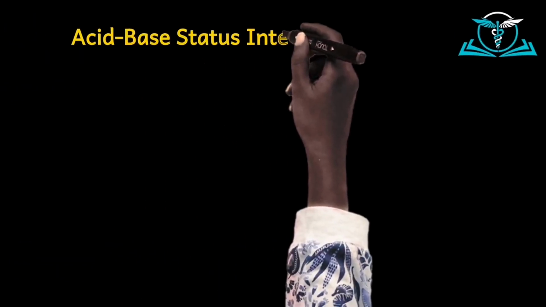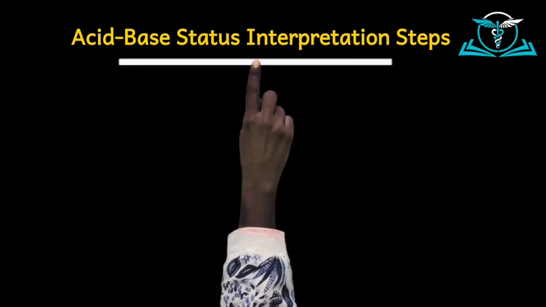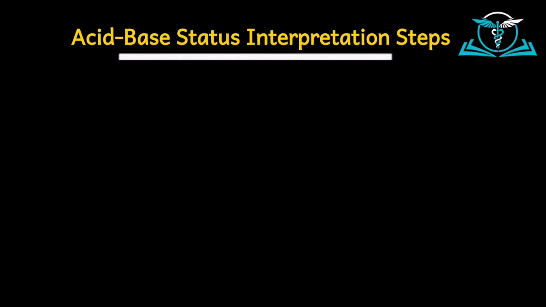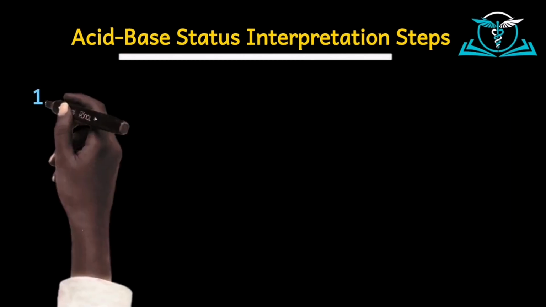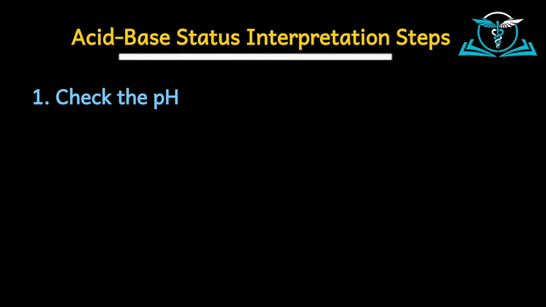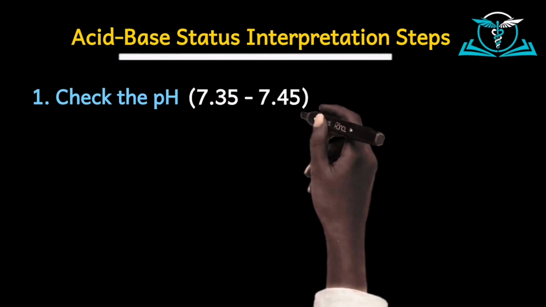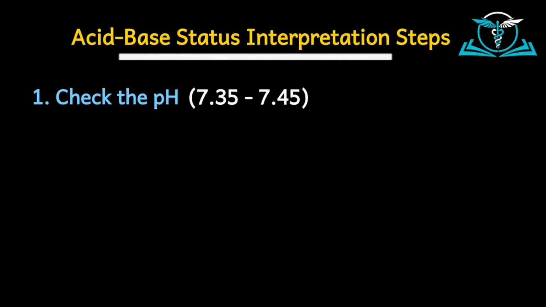Now the interpretation steps. Remember, the first thing to do is to ask whether there is an acid-base problem or not. And so to know whether there is an acid-base problem, first check the pH. Anytime you pick the ABG report, the first thing after confirming the identity of the patient is to check the pH. Remember that the normal arterial blood pH is 7.35 to 7.45.